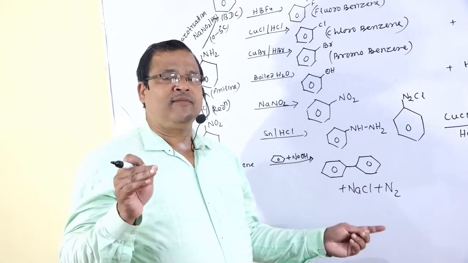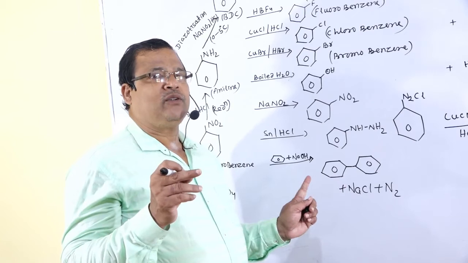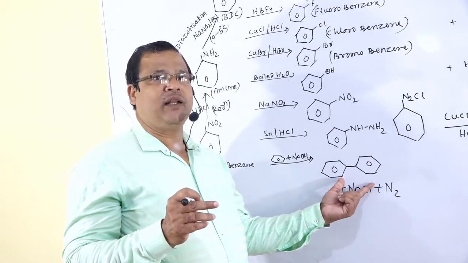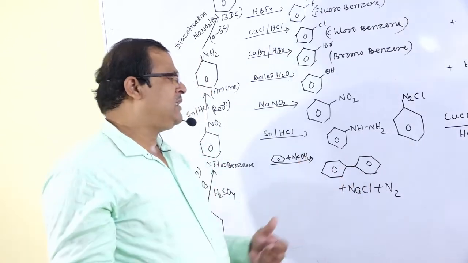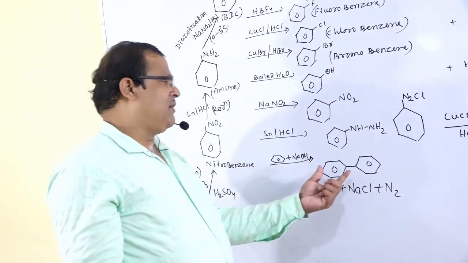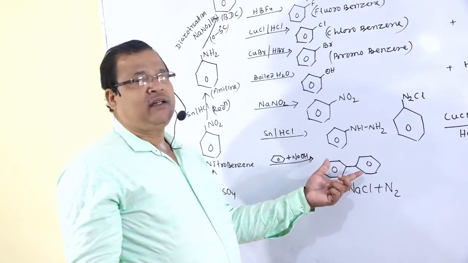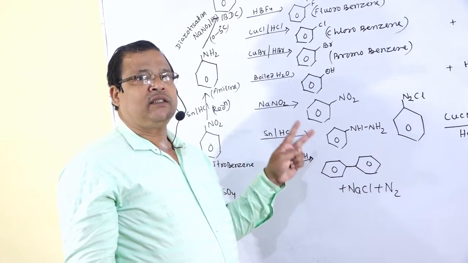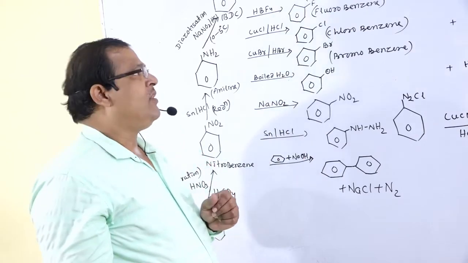And third method, BDC treated with benzene in presence of NaOH, gives biphenyl. So for all three methods of preparing biphenyl, this is one method, and the other two we have discussed in the alkyl and aryl halide chapter.